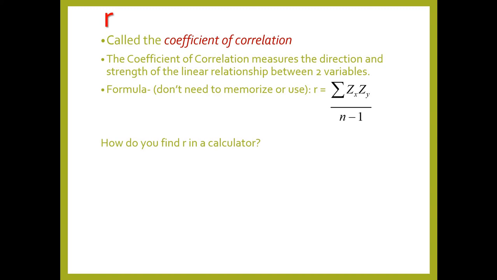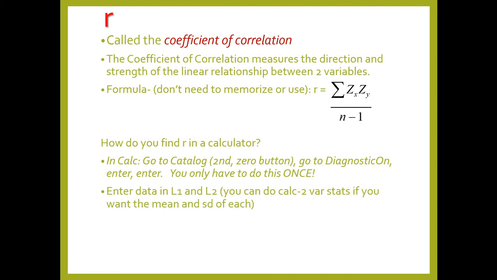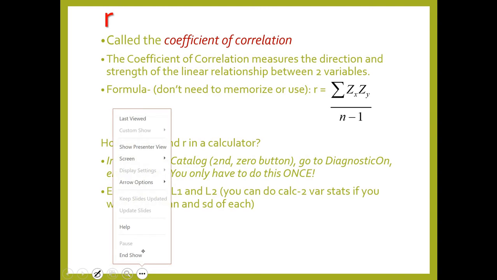And your calculator, any statistics program will do this. I just wanted you to be able to see it so you kind of can get a grasp for what's going on. So let's do an example in our calculator. It's written out here, so you can pause if you want. I will step you through the different steps to get the R value so you can see what's going on.